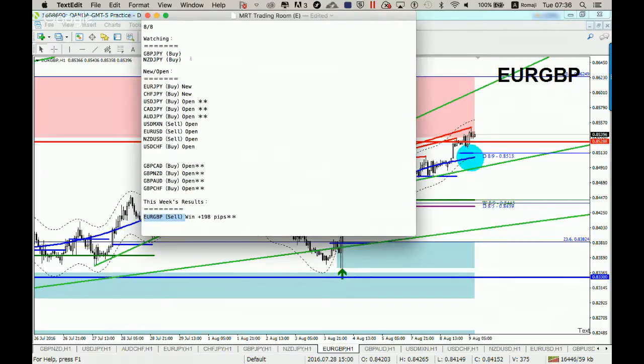And then I'm going to put this setup on the watching portion of our watch list. Not ready to trade it yet, but I do want to keep watching it because I'm committed to that idea. I'm committed to being there, being ready, and getting into a trade when that move does happen.